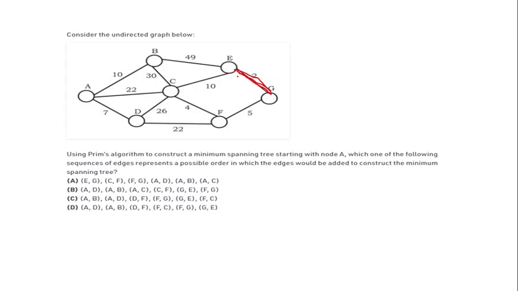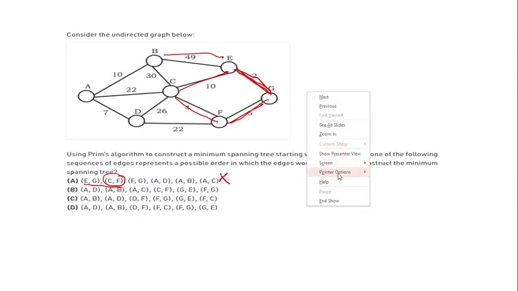We can either visit GF, or we can visit EC, or we can visit EB. But here in the option it is CF. CF is this one; how can you visit it? You cannot visit this one, right? So I'm guessing that this is not the option. The first option might not be correct. So let's see the next option.